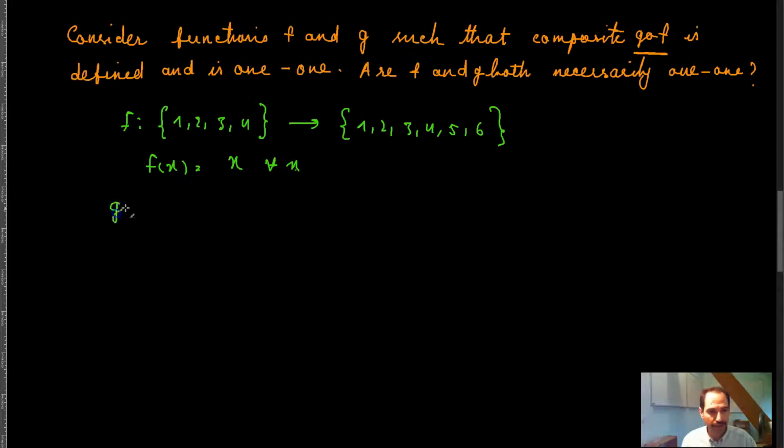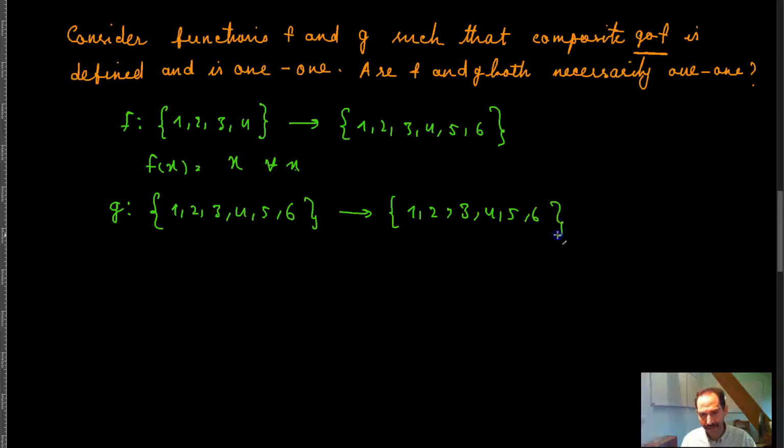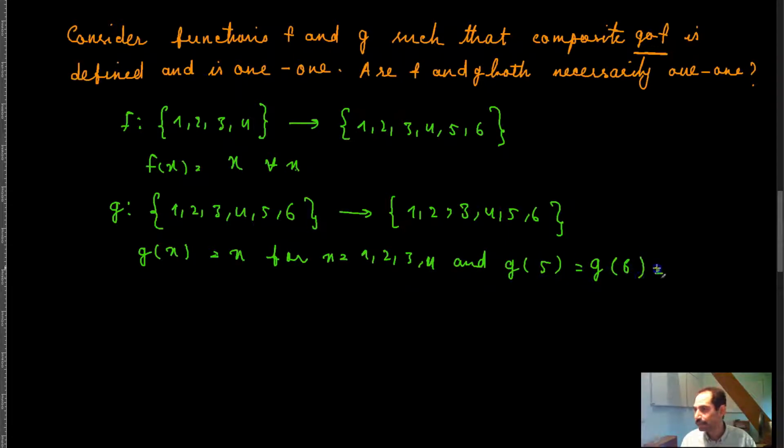And g is a function that goes from {1, 2, 3, 4, 5, 6} to {1, 2, 3, 4, 5, 6}, and g(x) is defined as x for x = 1, 2, 3, 4, and g(5) = g(6) = 5.